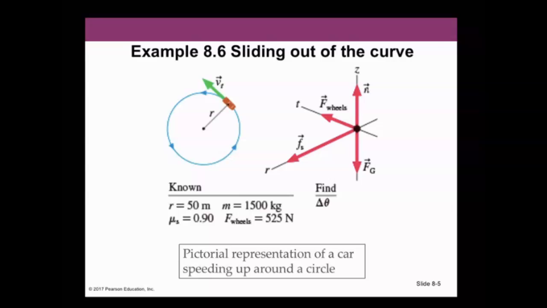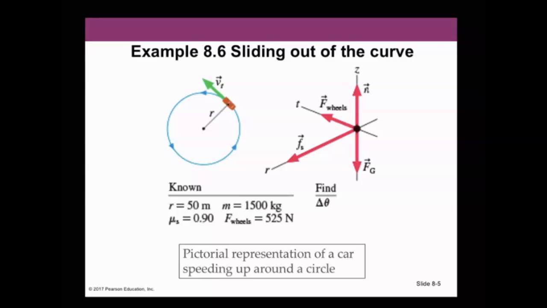If we draw a three-dimensional force diagram, we show that along the radial direction, we have the static friction force, which is the source of centripetal force in this example. The car wheels are applying a force in the direction of motion, which we're calling F sub wheels, and it's in the t direction.